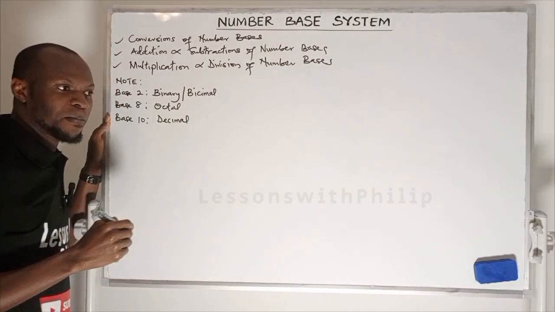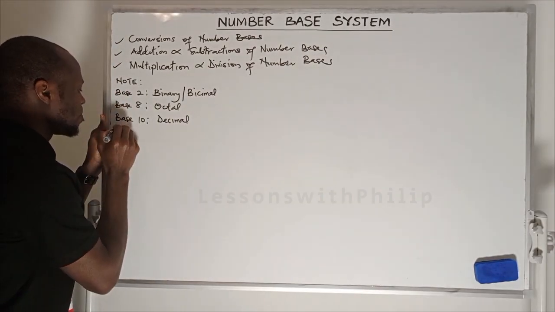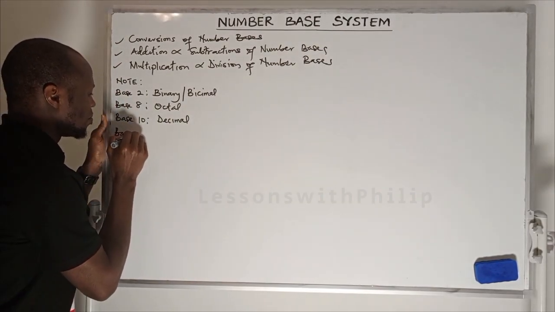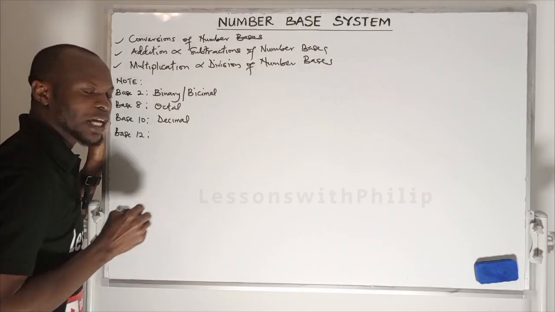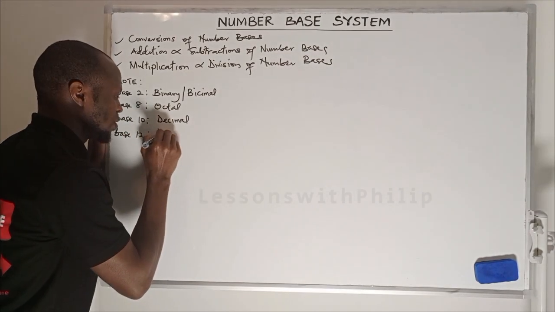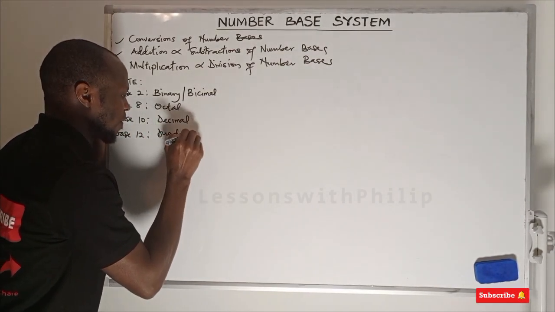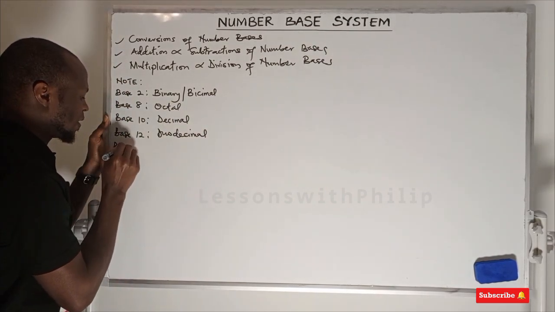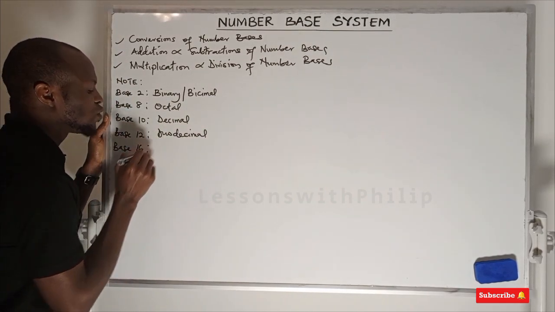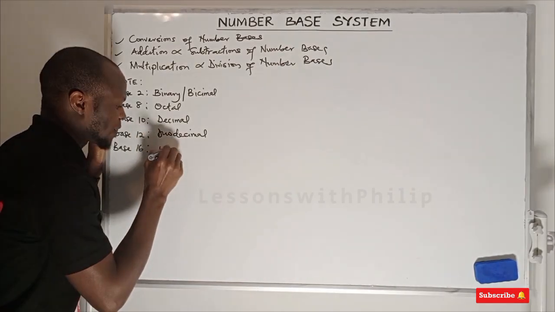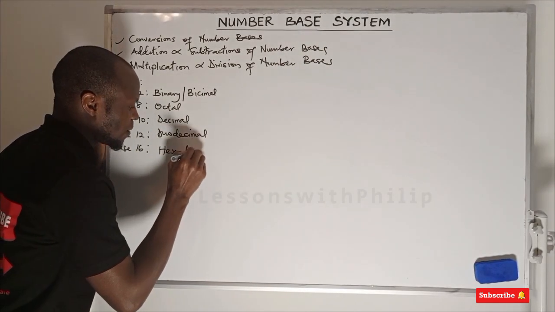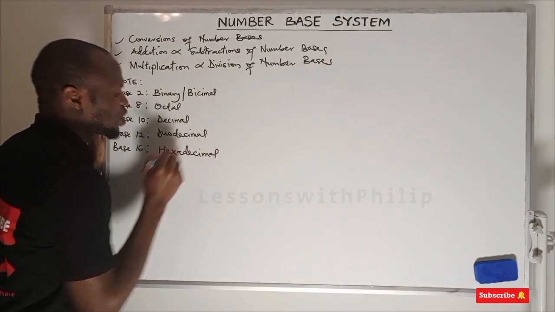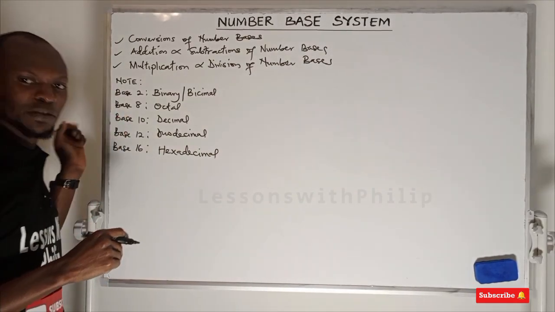Base 12 is known as duodecimal. While base 16 is known as hexadecimal. These are special names attributed to these bases.